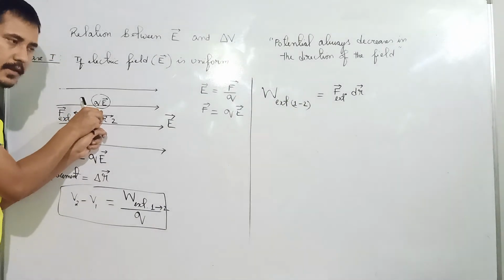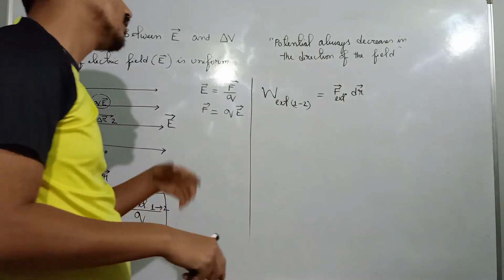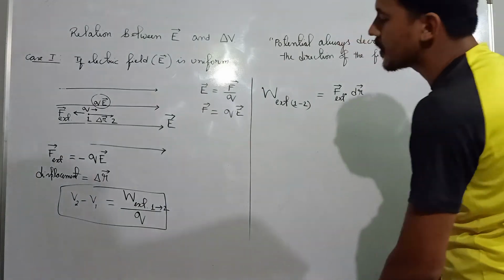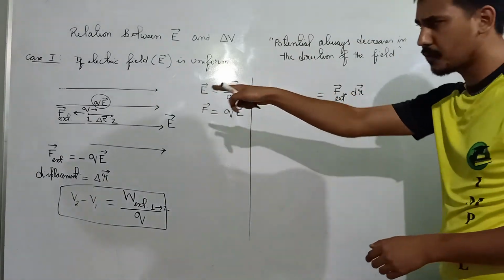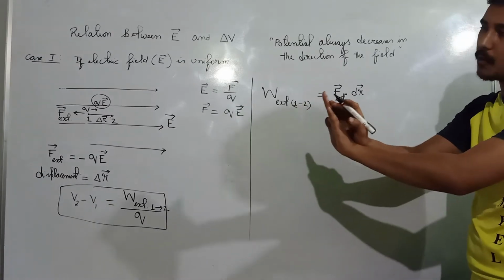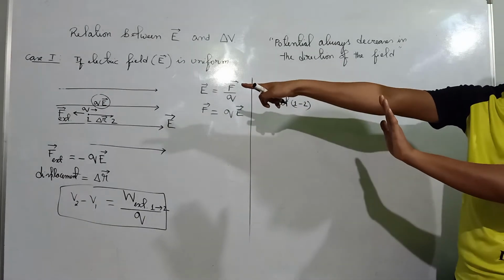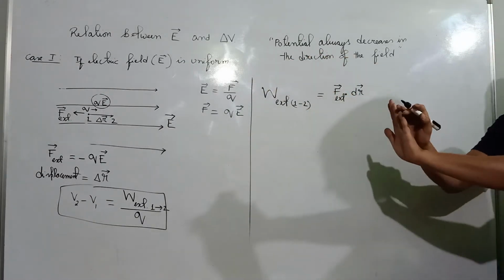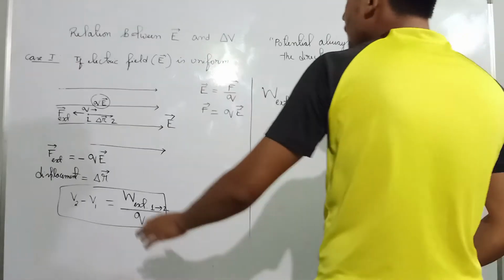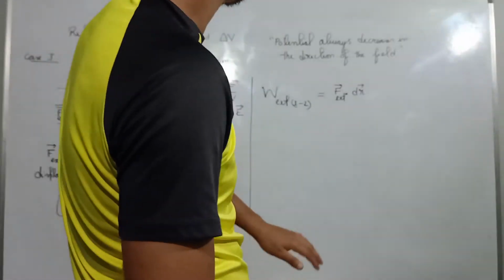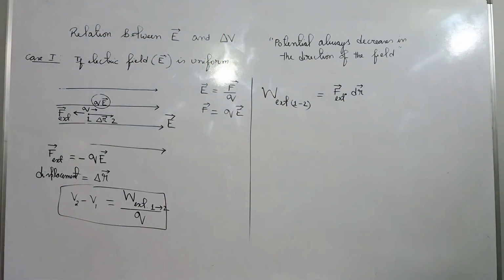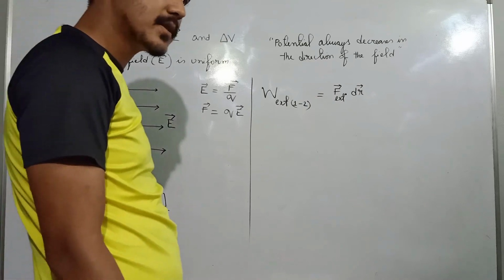To make sure that there is no change in kinetic energy of Q, I have to apply a constant force opposite to QE. Since this F external is constant, we use force into displacement.